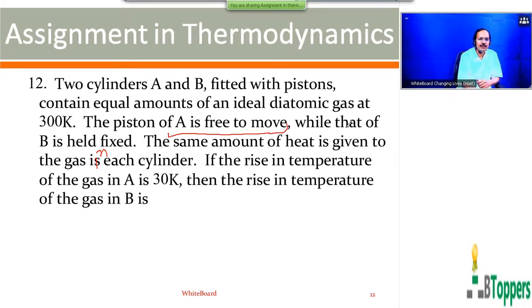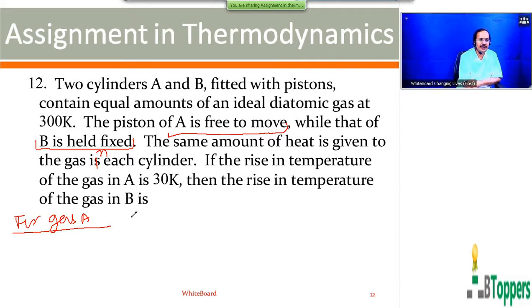In cylinder A, the piston is free to move. For the gas in cylinder B, the piston is held fixed. That means for gas in cylinder A, we can assume pressure to be constant. Pressure of the gas can be taken as equal to the external pressure on the piston, maybe equal to the atmospheric pressure.